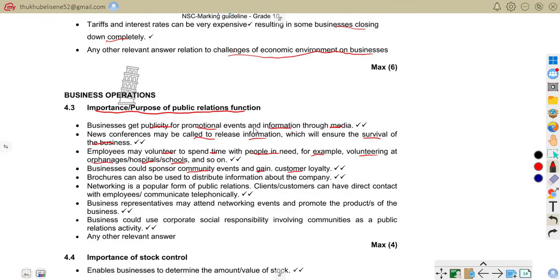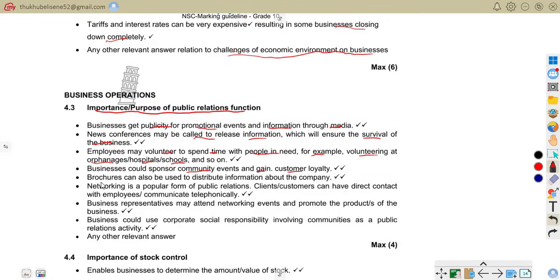This builds customer loyalty. Customers are going to want to do business with such a business that can sponsor community events, so they will be loyal to such a company.